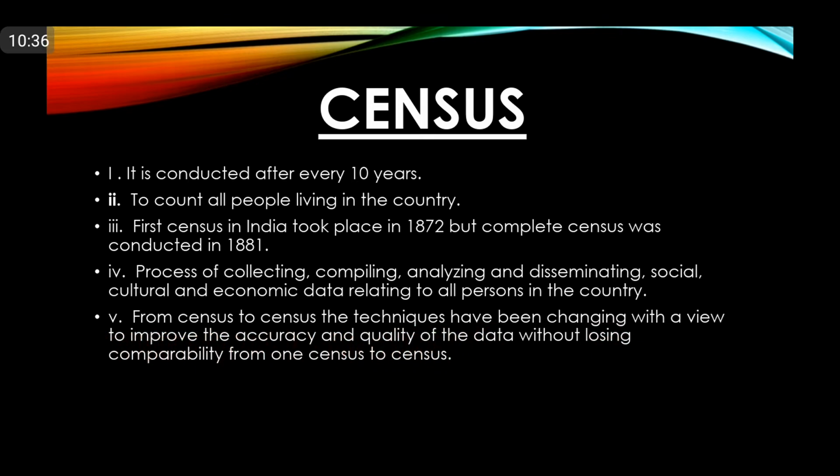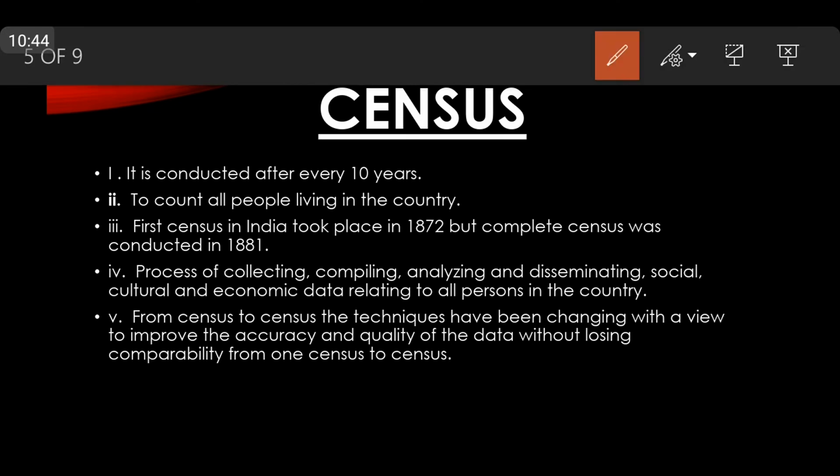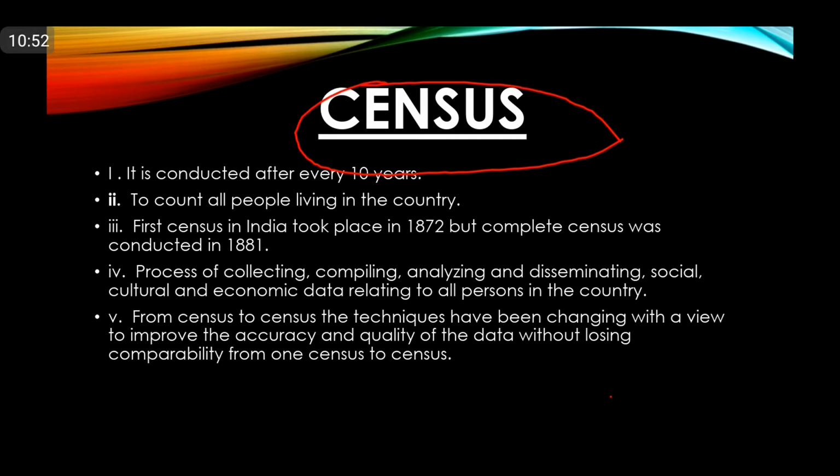Now there is one question: why was the first census in India in 1872 not a complete one? It was incomplete because it did not cover all territories which were possessed or controlled by the British.